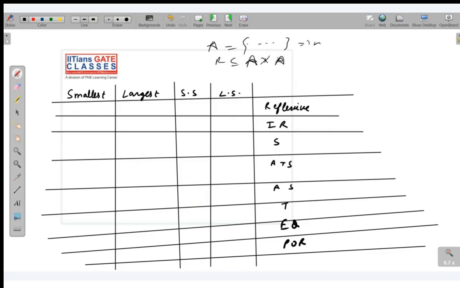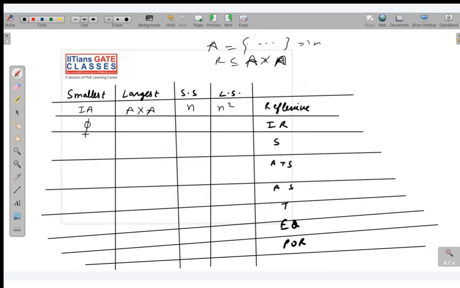If it is on a different set, then these definitions are meaningless. These definitions are valid only if it is on the same set. So the smallest possible reflexive will be the identity relation IA, because all the self loops should be there. What will be the largest? A cross A itself. So smallest size will be n, largest will be n square.